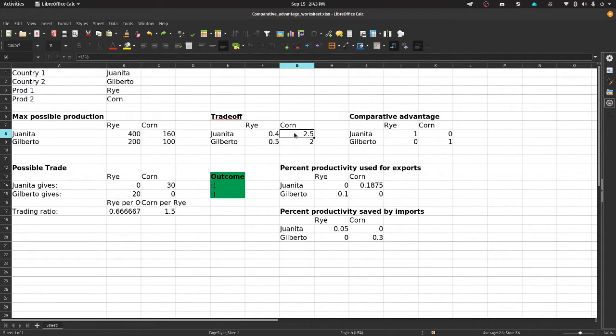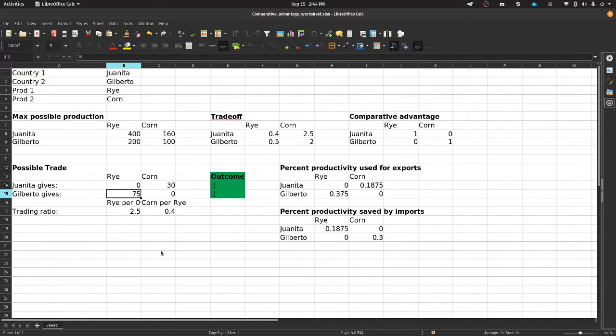For her, she's giving up corn, but each unit of corn is worth 2.5 units of rye that she could have been producing, right? That's her next best alternative to trade, is just make more rye on her own. So let's see, 2.5 times 30 would be, well, 60 is close. 75.